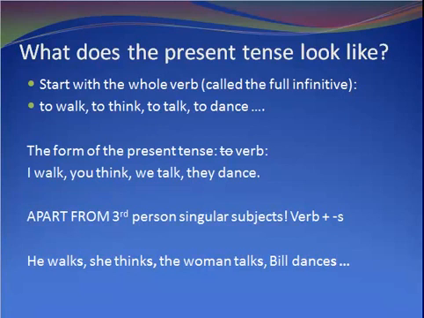In that case, we get an S at the end of the verb. So you get he walks, she thinks, the woman talks, Bill dances. For all the other subjects, you just get the verb; for third person singular present tense, you get an S at the end.